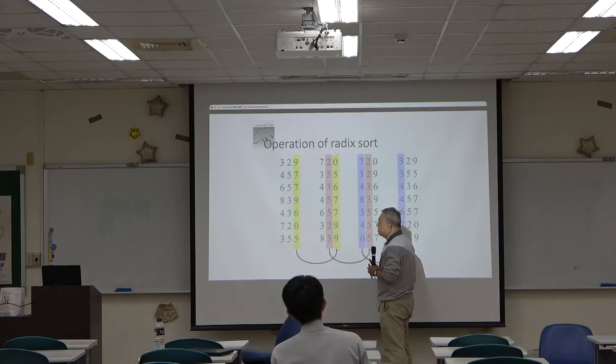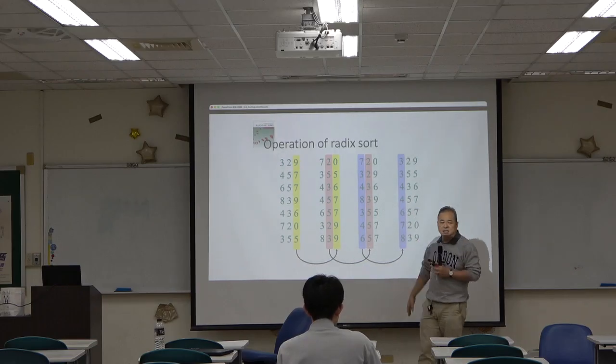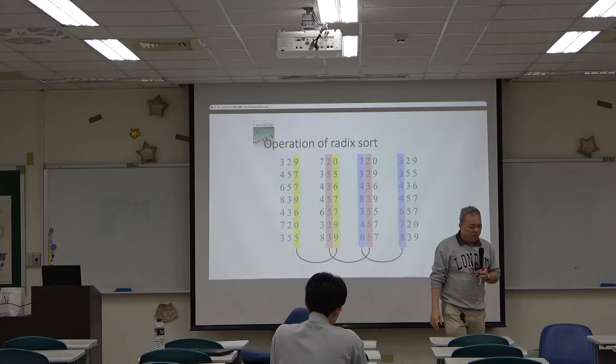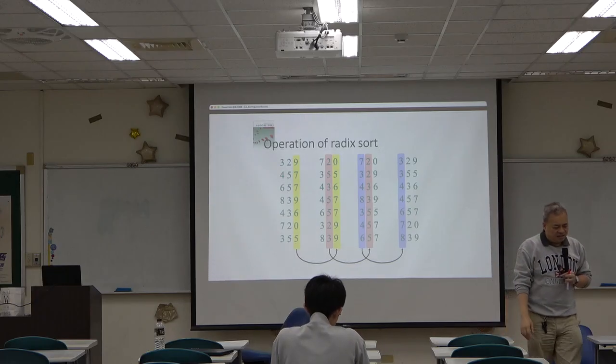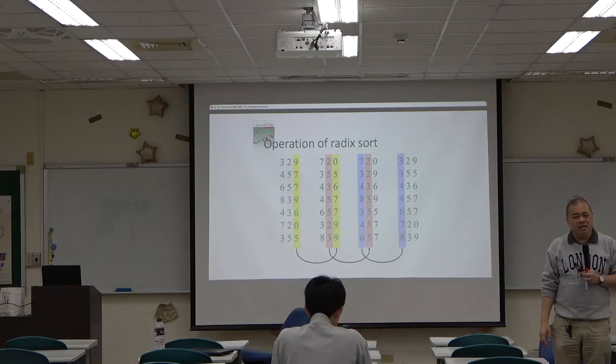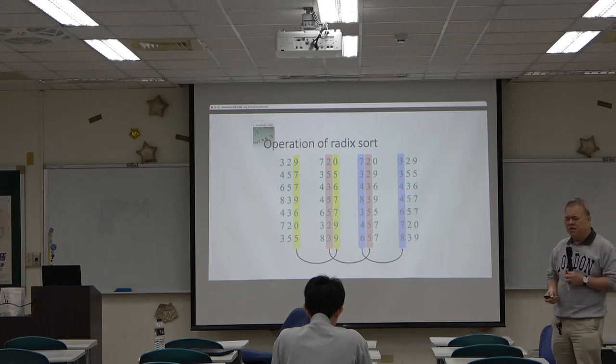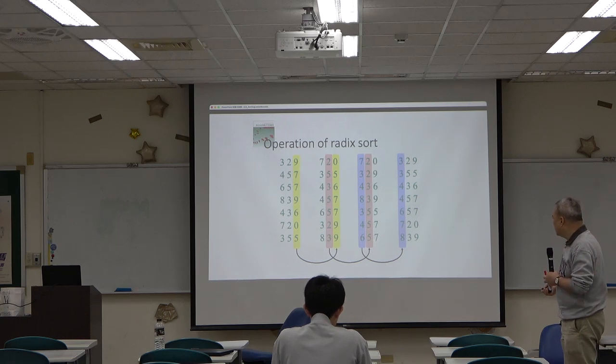Again, use the stable sort. Then the resulting list of numbers will appear on the right-hand side, and these numbers are guaranteed to be sorted. Okay, so this is what we call radix sort.